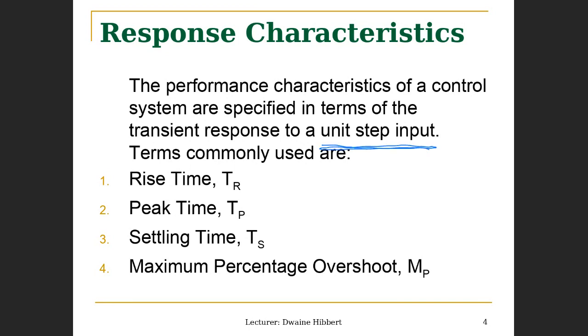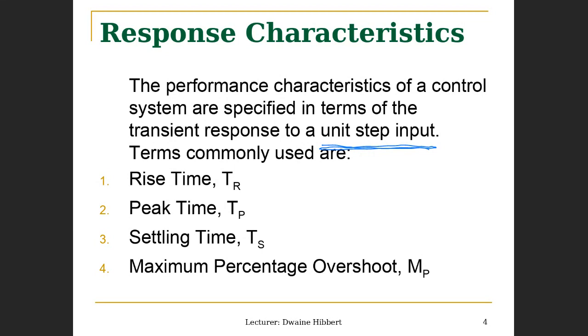Yes, so all of these terms that we look at, we are looking at the system response specifically due to a unit step input. Now, here are some of the commonly used terms in characterizing a system response.